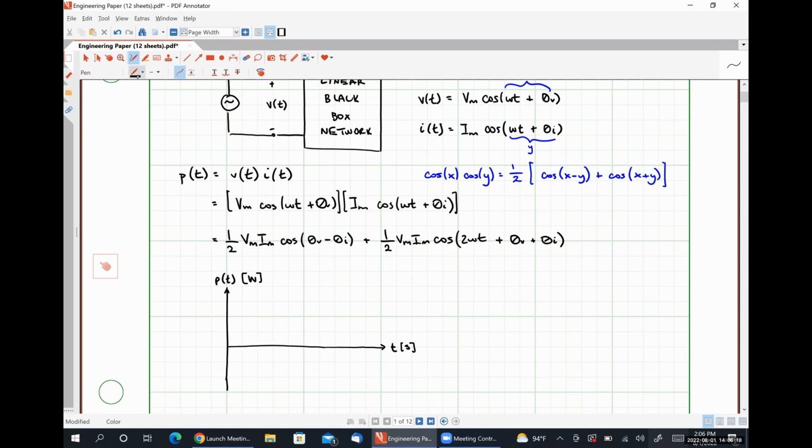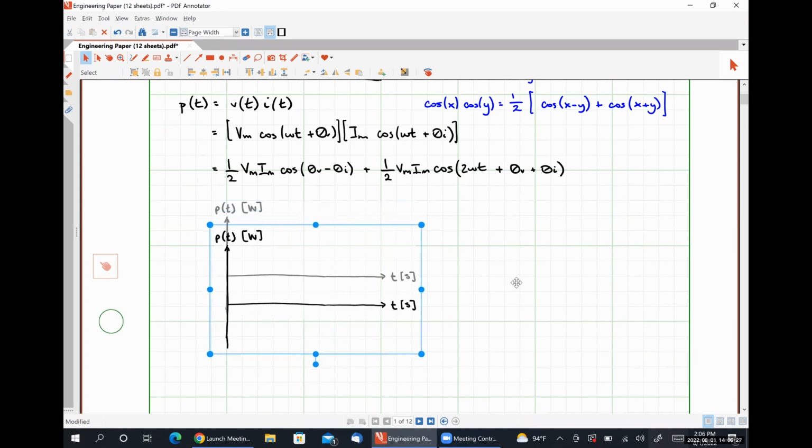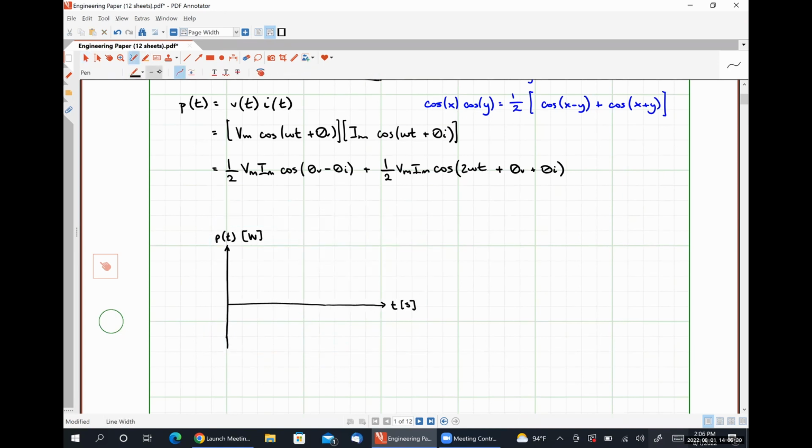Very generically, what we'll see is that we have a DC term that comes from this part right here. I say that this is a DC term because Vm is a constant, Im is a constant, and theta v and theta I are also constants. And so the cosine of the difference of those angles is a constant itself. So we just have a bunch of constants multiplied together, which gives us some DC power. So I'm going to put the DC power level here.